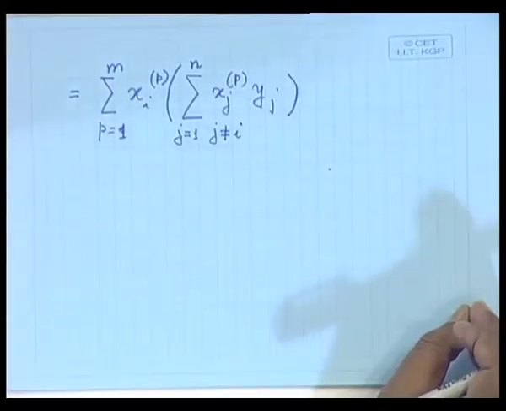It is the output of the ith neuron, a single value, so I have to sum it over j. If I compute for all values of i, I will get the vector. Is that okay?